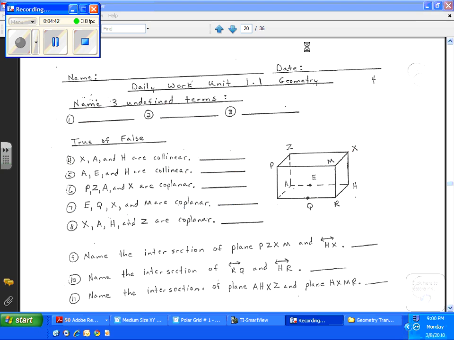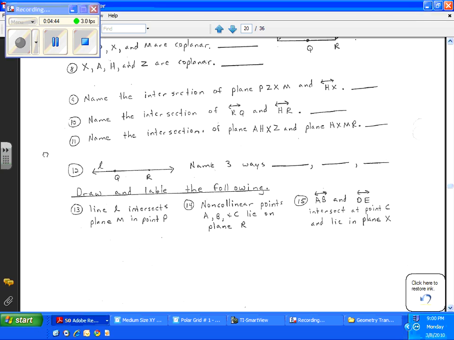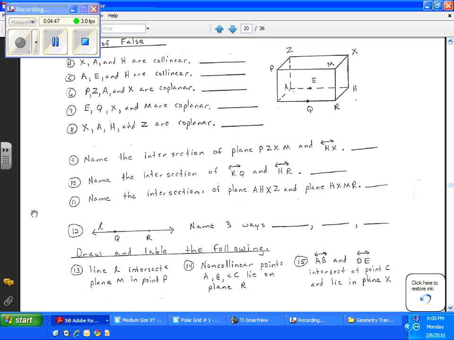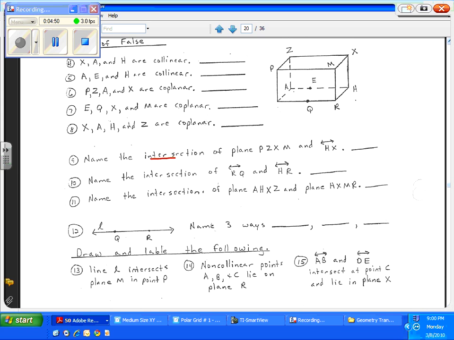All right. The next little series of questions is dealing with intersection. We have the same picture, but if you look at this, it says the intersection of a plane and a line. Now, just looking at how they're named, you can see that they have something in common. And the very definition of intersection is what's common to both.